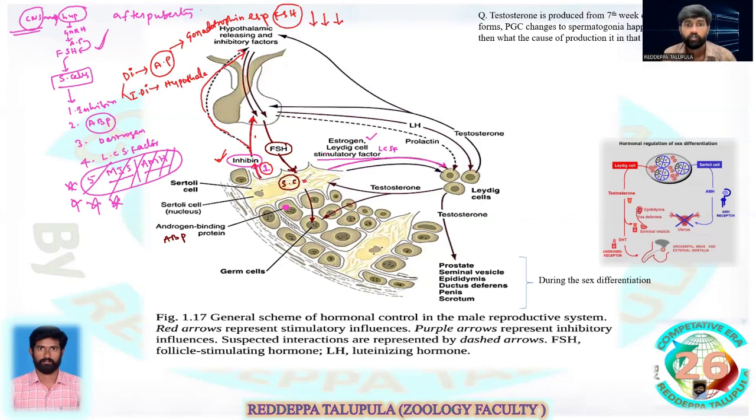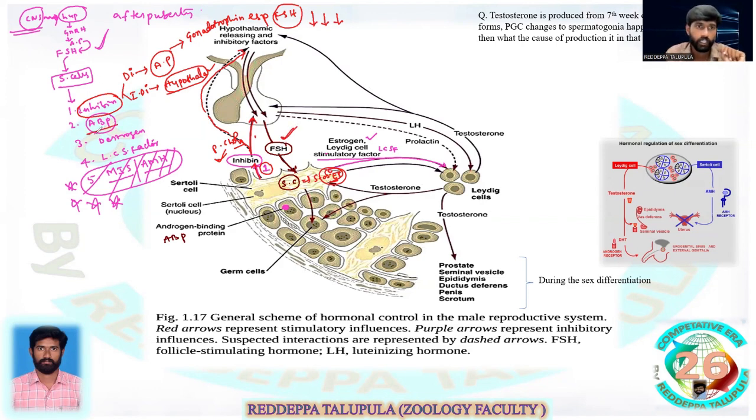Even though these are somatic cells, they produce the protein hormone. Next, if it acts indirectly on the hypothalamus, then it shows its effects on the gonadotrophin releasing hormone. Thus, the gonadotrophin is inhibited. Okay. These are the two pathways by which inhibin controls FSH.